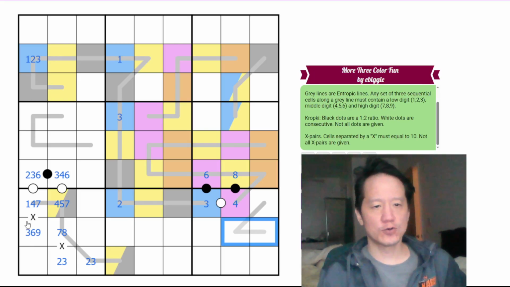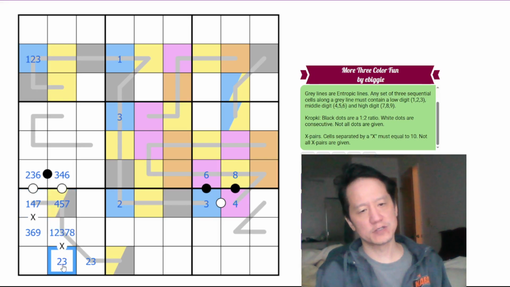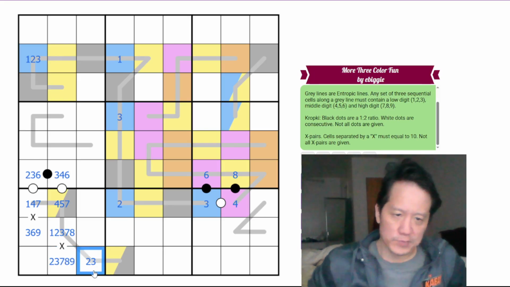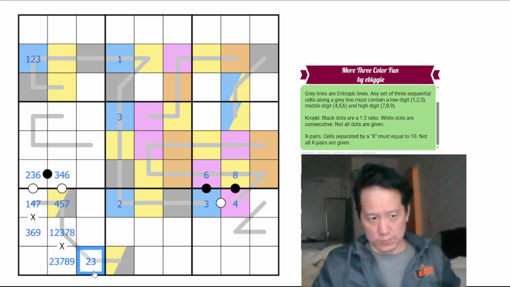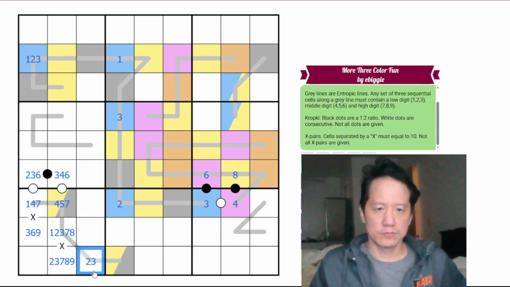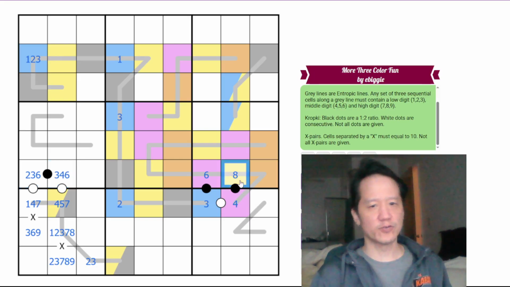If this is 4, 7, this would be 1, 2, or 3 here, which makes this 7, 8, 9. Again, if this is 3, 6, this has to be, okay, this can never be 6.